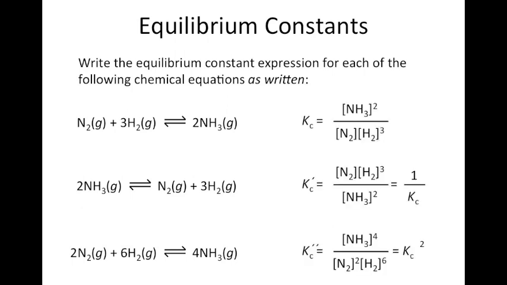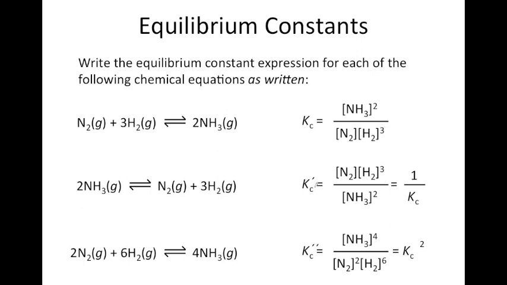Okay. So the equilibrium constant expressions would be as follows. You could see for the first one, it would be ammonia squared divided by the concentration of nitrogen times the concentration of hydrogen cubed.